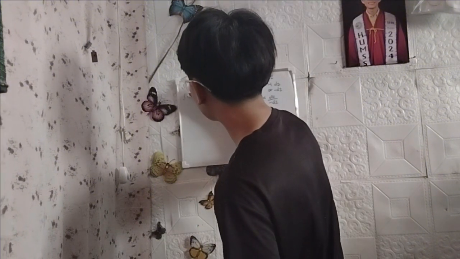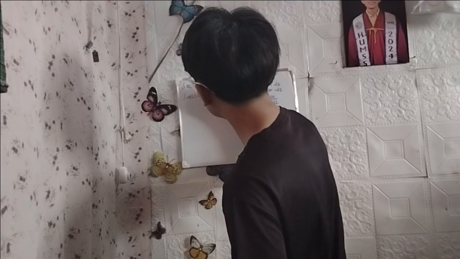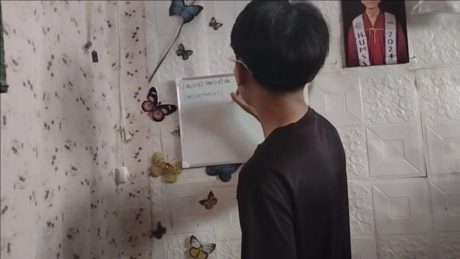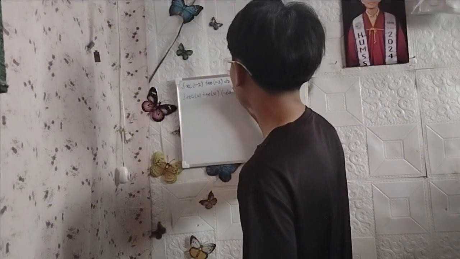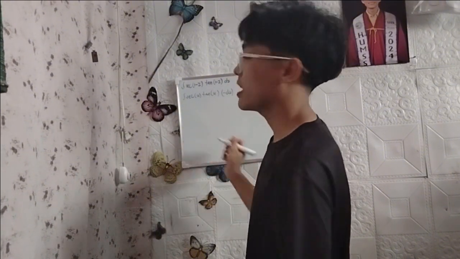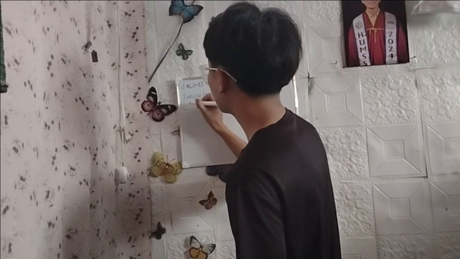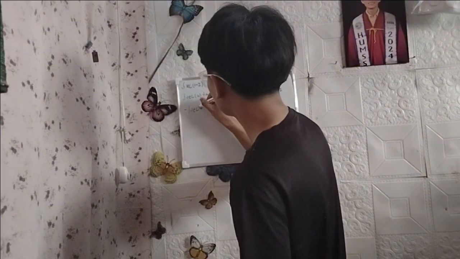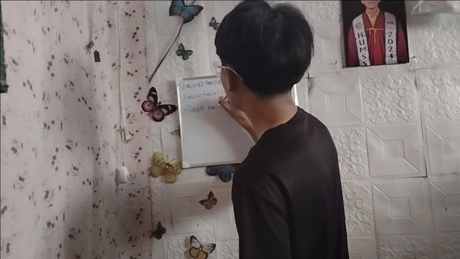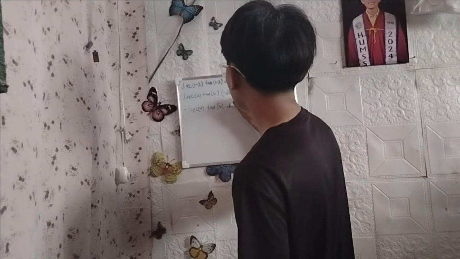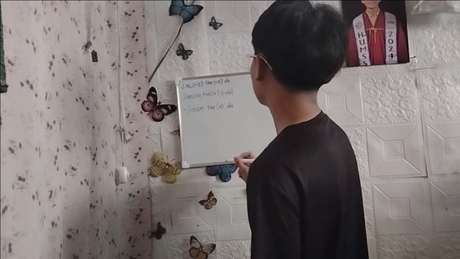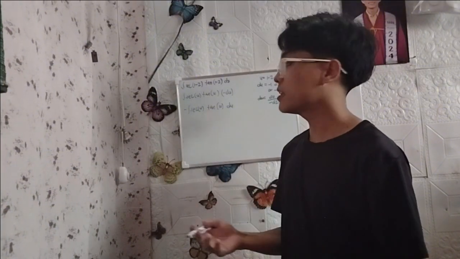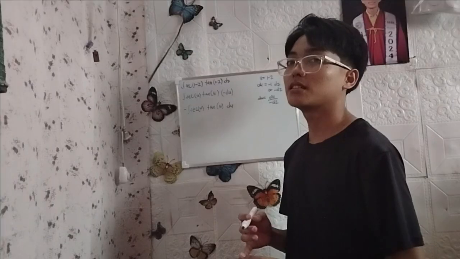So the integral of secant u tan u negative du. So take out the negative: negative the integral of secant u tan u du. We know that the integral of secant u tan u is secant u.